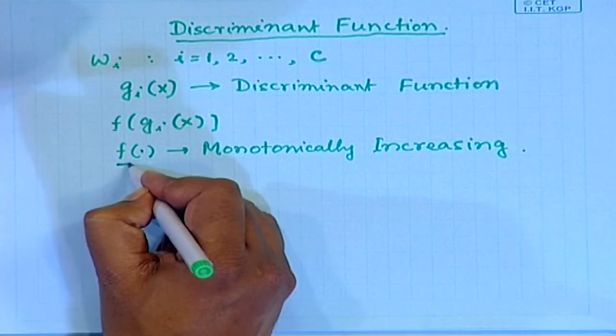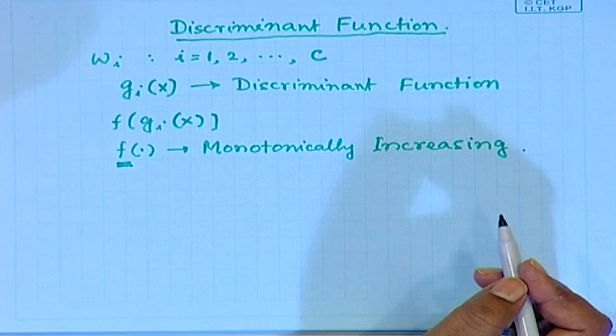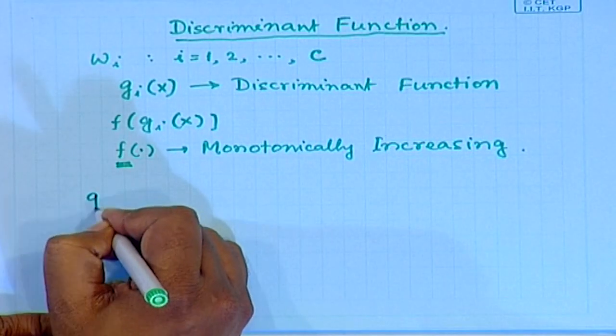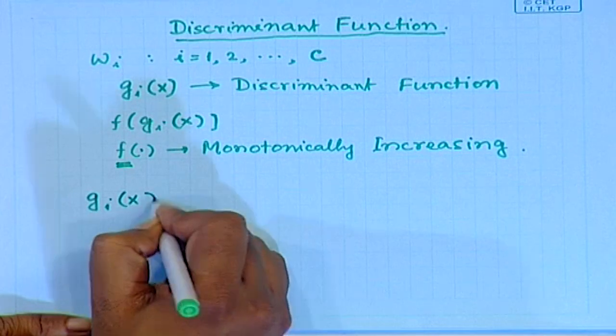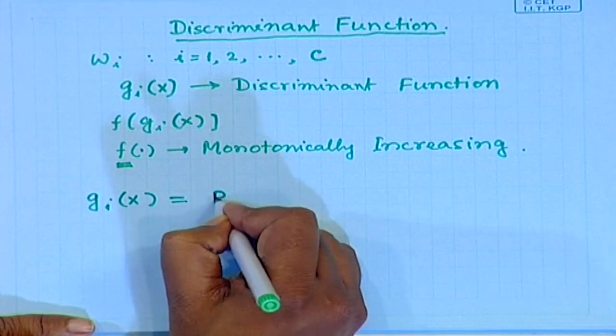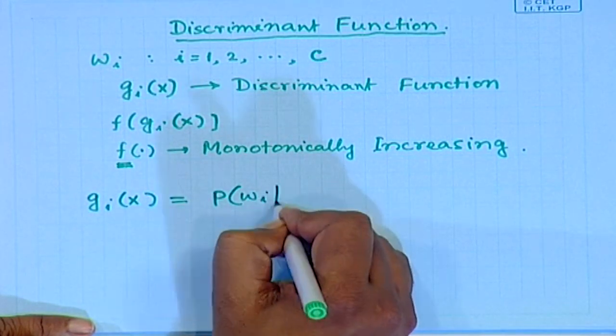Then why do we put this function f? It is only for convenience of application. In different applications, maybe g i of x itself is not very convenient, but if I take a function of g i of x, then that may be more convenient for our application. So, coming to this particular case of Bayes minimum risk classifier or minimum error rate classifier, we have said that our g i of x can be the a posteriori probability p of omega i given x.